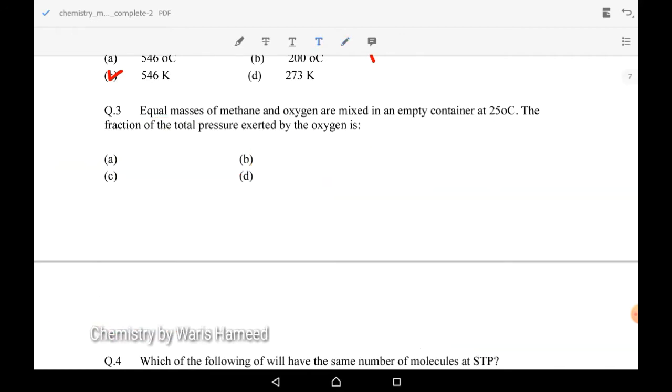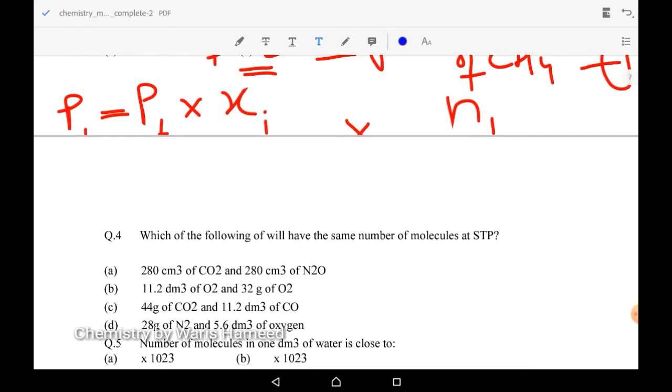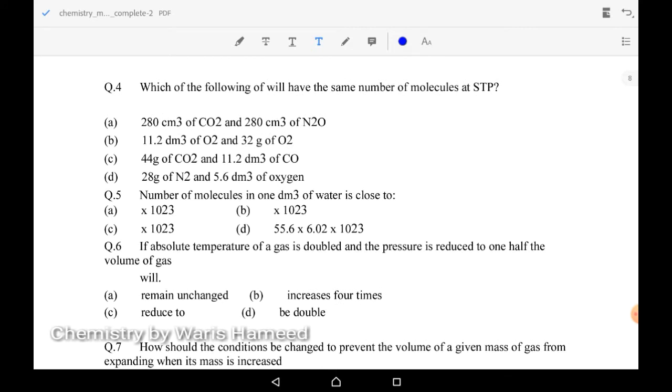Now moving toward the next MCQ: which of the following will have the same number of molecules at STP? According to Avogadro's law, if volumes are equal, the gases will have an equal number of moles.